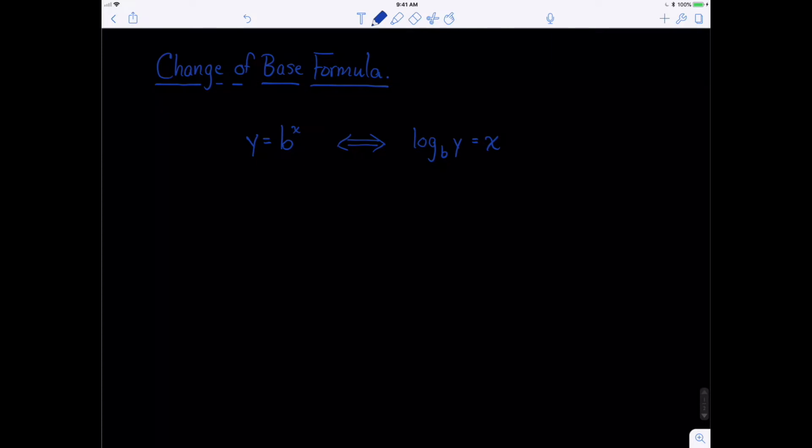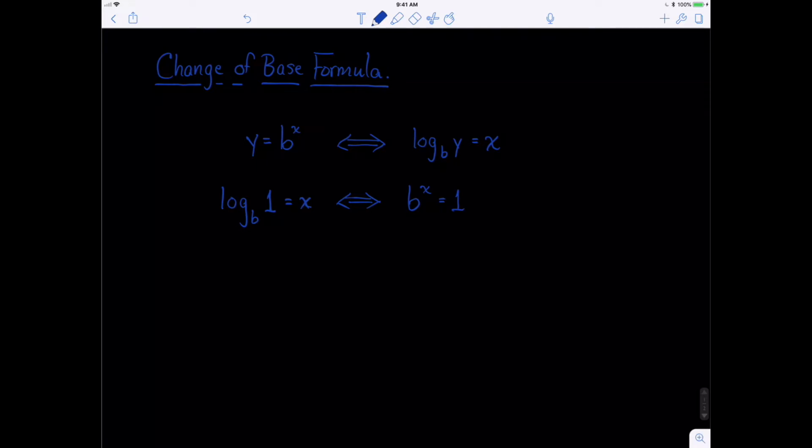So here we go. The first one I want to look at is if you have the log in some base b of the number 1, what would that be? Let me use an x there. We can write it as the exponential equation b raised to the x equals 1.